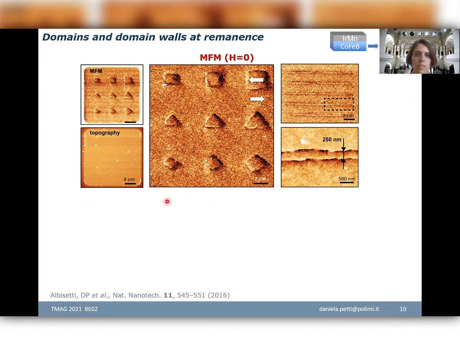And if we compare this figure with the figure of the topography, we can see that on the topography there is nothing, since the pattern is purely magnetic.